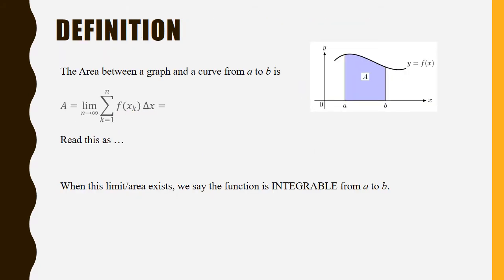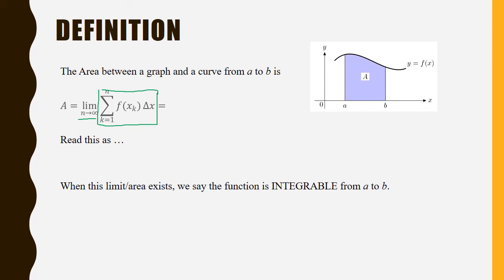So, now that we know that, it's time for the definition of a definite integral. Given our summation here, which was our symbol for the Riemann sum, and since we can improve this approximation by increasing the number of rectangles, what happens if we take the limit as n goes to infinity?